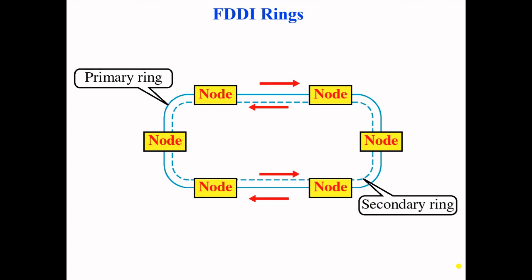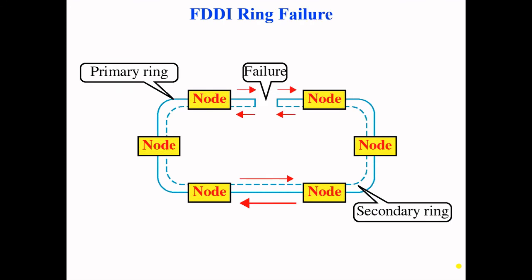So both rings have different directions for the movement of the data. This figure shows the situation when the primary ring fails. If the primary ring fails, the secondary ring works efficiently in the case of failure.